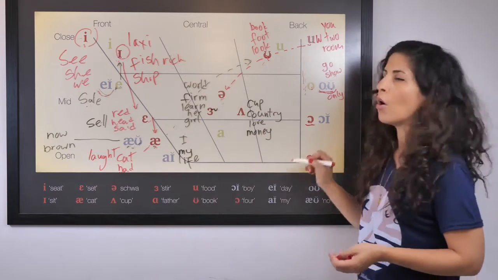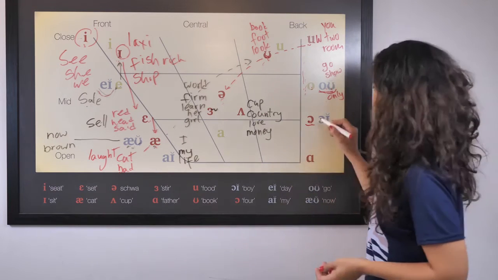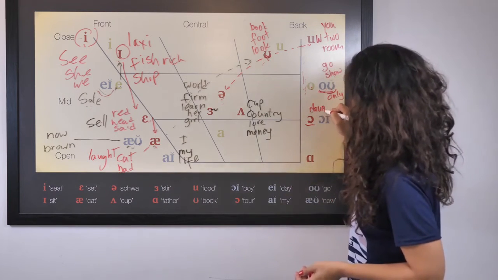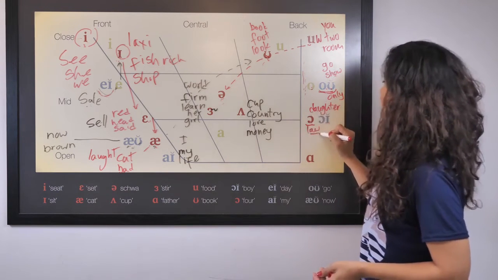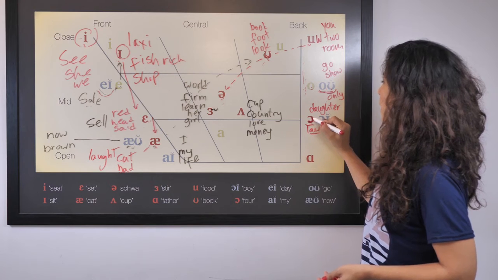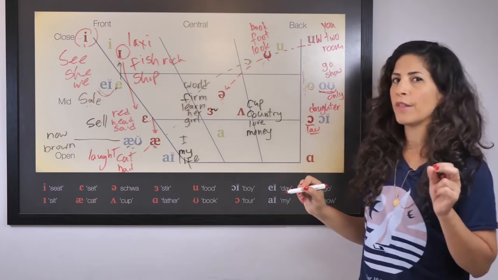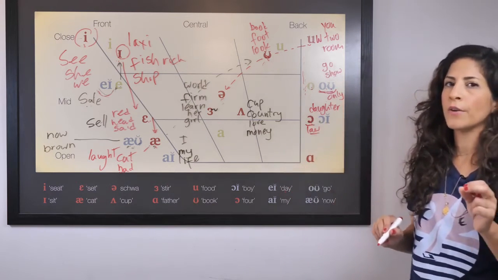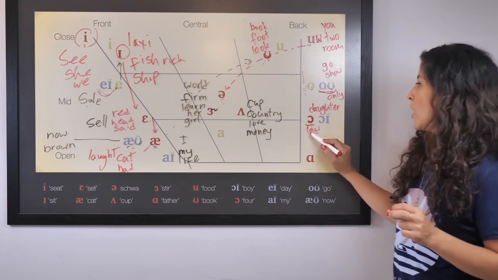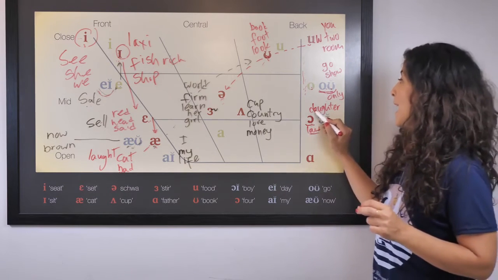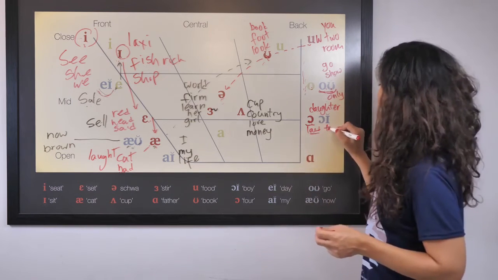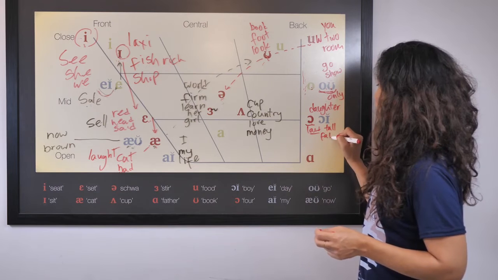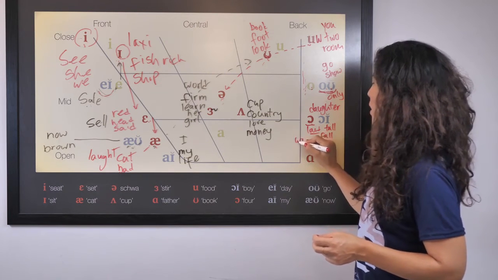Here we have the aw as in daughter sound. Daughter. Basically everything, or law. So if we are thinking of this sound in isolation, the typical spelling patterns that represent this sound are AW, AU, sometimes OU, ALL like tall and fall, and ALK like walk.